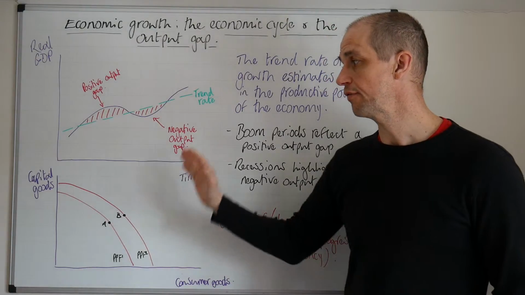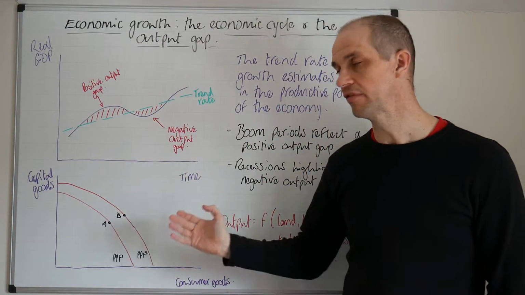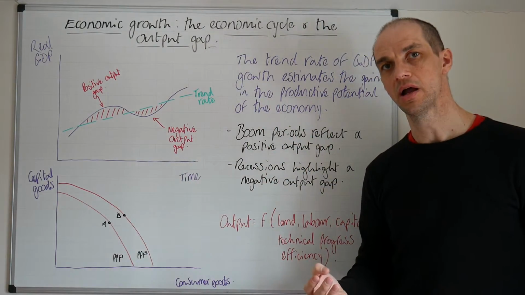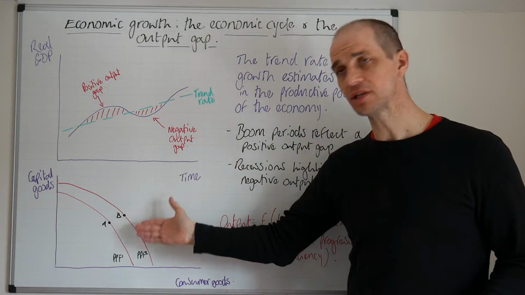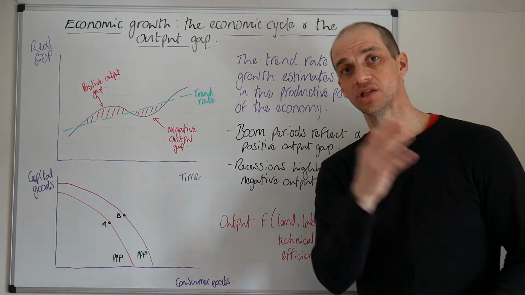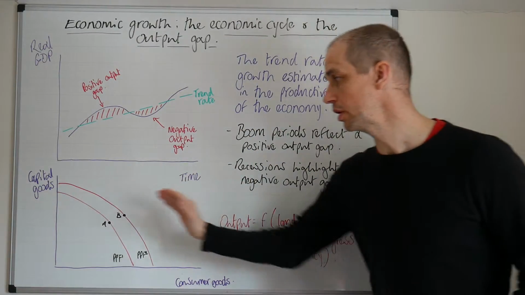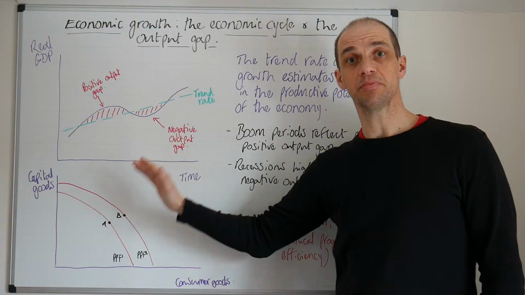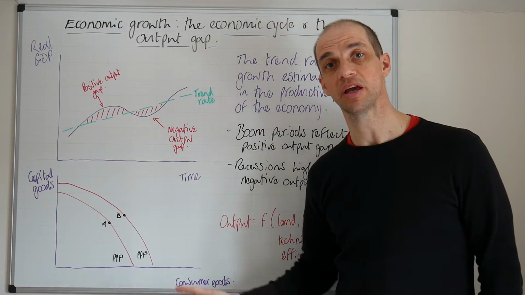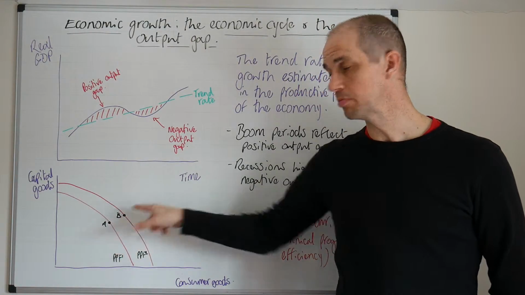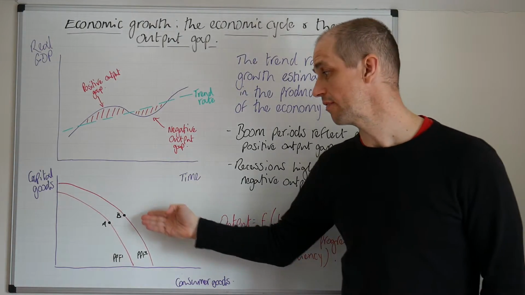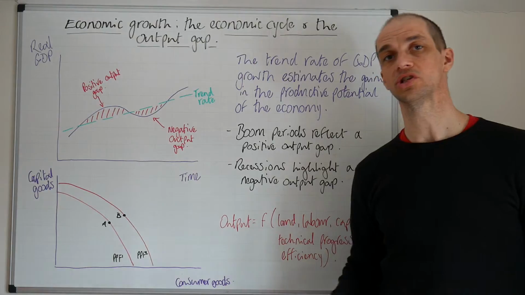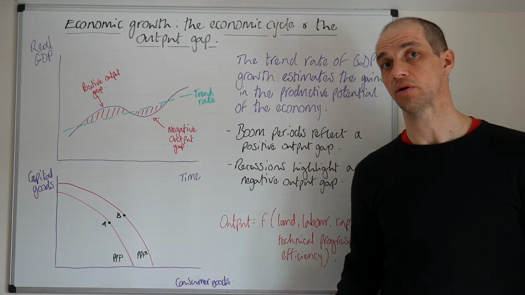Then you can see if the economy develops a greater ability to use its factors of production more intensively to generate greater levels of output, then the PPF curve can shift out from PPF 1 to PPF 2, and we can move from, say, point A to point B, where we would have a higher level of capital goods and consumer goods being produced by the economy.